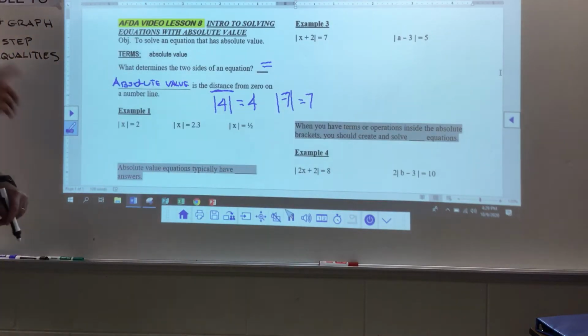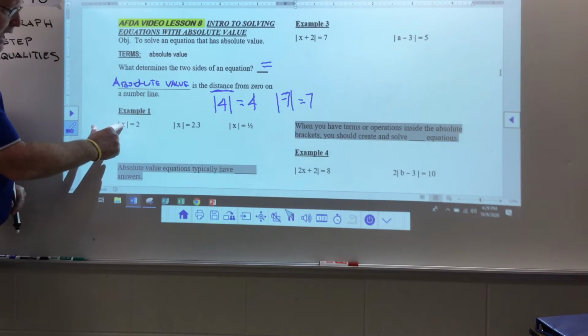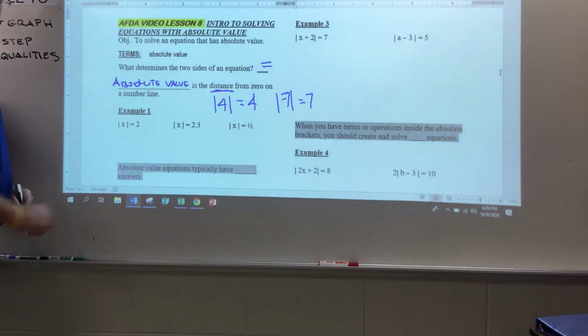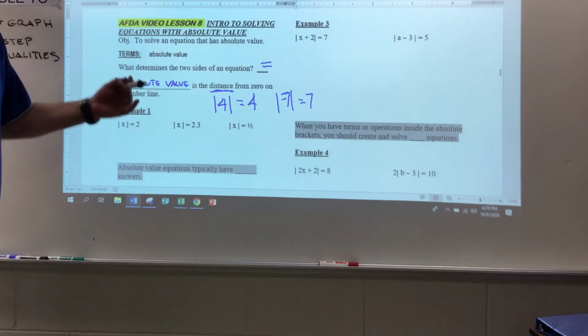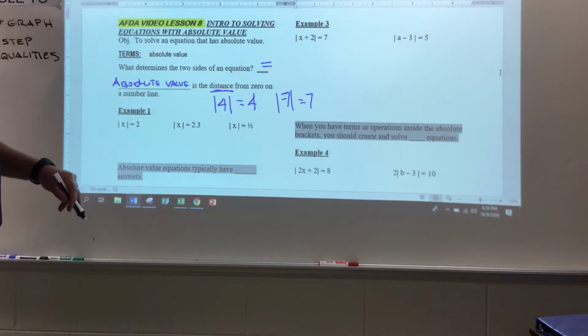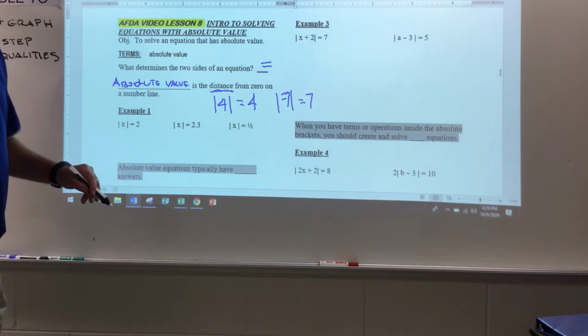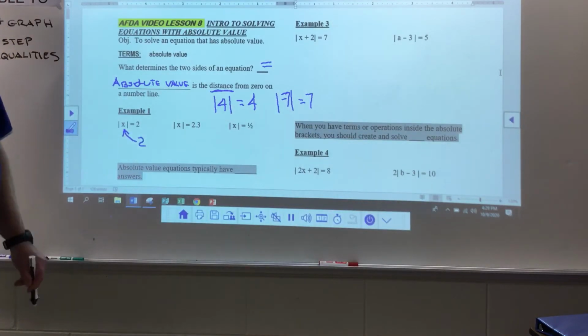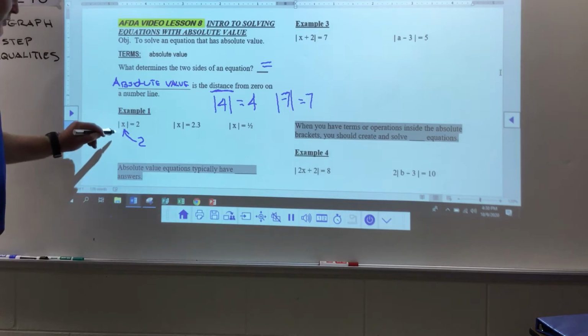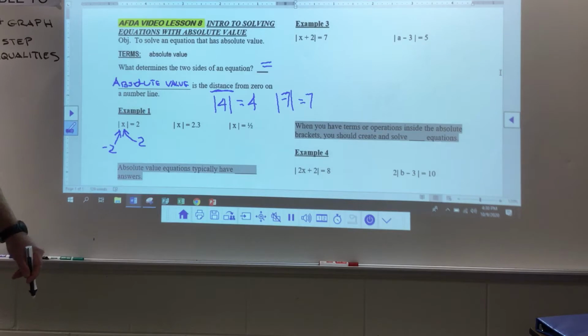Now, let's look at our first example here. It has the absolute value of x is equal to 2. Now, what number is 2 units away from 0? Well, we automatically think of 2, we know 2 is 2 units from 0, but there's also another number, negative 2.